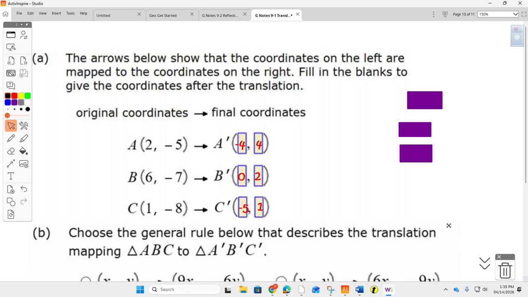All right, they're giving you these two sets of points. Now you guys find the rule, like we defined the rule in the last one. What are we doing to the x-coordinate, and what are we doing to the y-coordinate? So let's look here. How do we go from 2 to negative 4? We can actually count it over here because we haven't plotted, right? So what do we have to do?